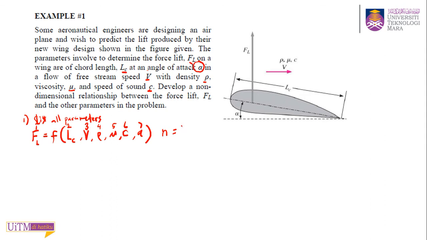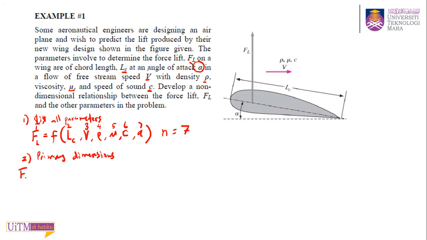You have 7 parameters altogether, including the force lift, the one they want to determine. So that's settled for the first step. The second step is to list down the primary dimension for all of these parameters, so you do the table again.